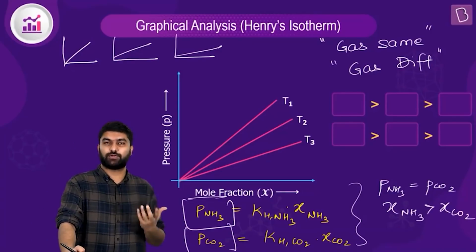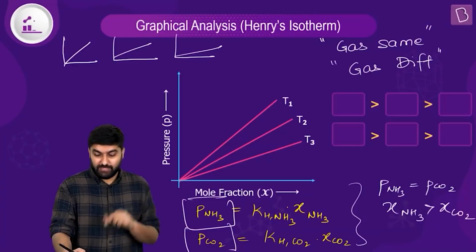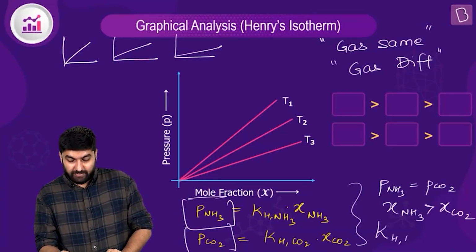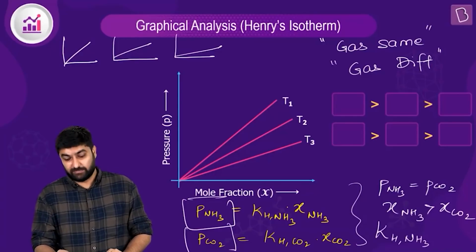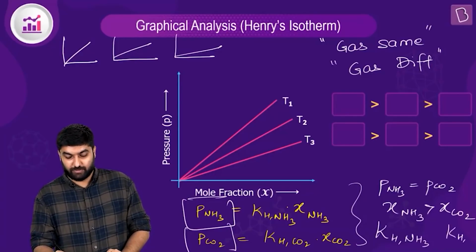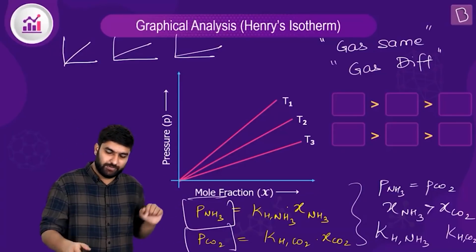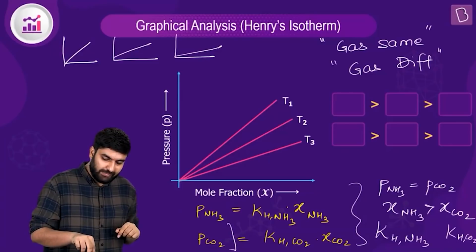That is very true based on the facts. Based on that, we can identify which one will be greater, the Henry's law constant of NH3 or the Henry's law constant of CO2? Think about it. It's a very clear question.